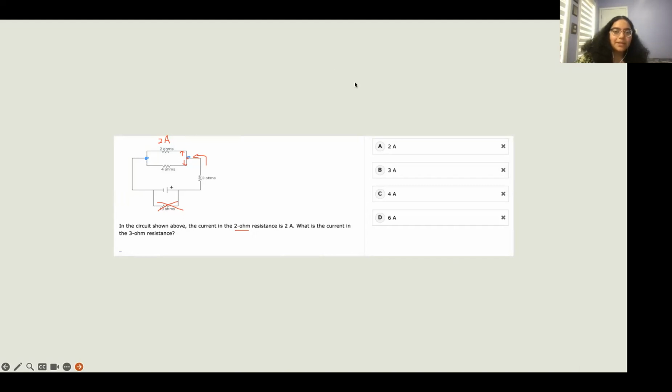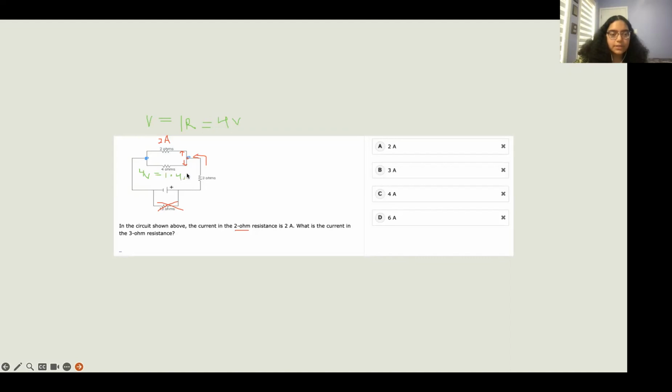And so what that means is you can already solve for the drop here because V equals IR. You have your I is 2 amperes and your R is 2 ohms, so you know that's going to be 4, 2 times 2. So then here, you know that your V, 4 volts, is equal to your I times 4 ohms.